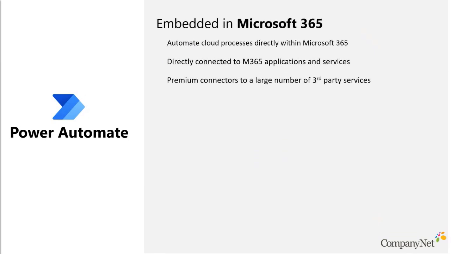So Power Automate is embedded in M365, the cloud service specifically. You can automate cloud processes directly within M365, directly connected to all your M365 applications and services. But then it's got this whole ream of premium connectors on top of that, which allow you to connect to third-party services.